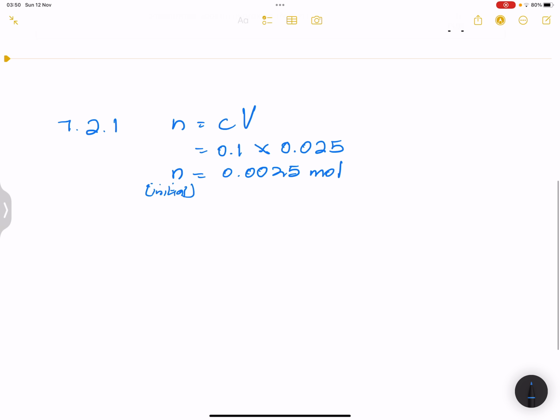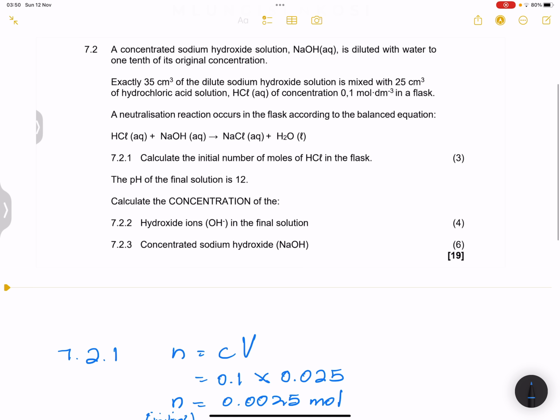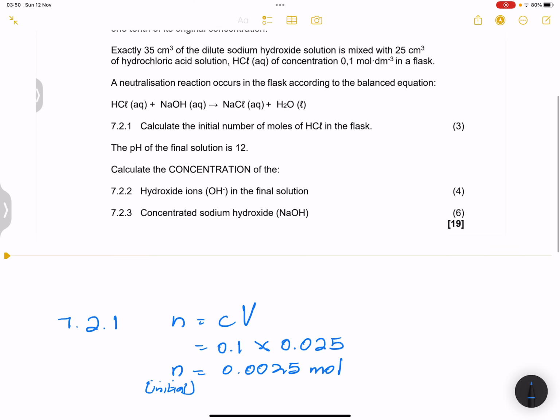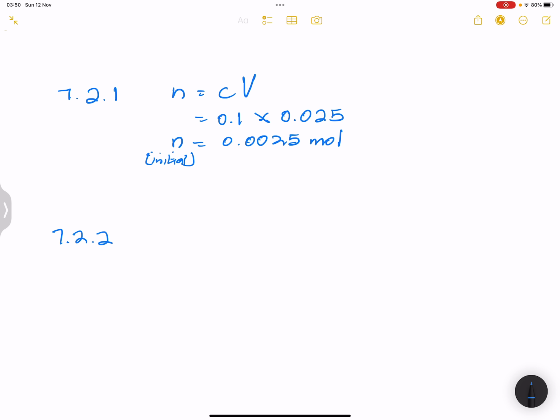Okay, so for 7.2.2, they say calculate the concentration of the hydroxide ions in the final solution. Now there are two ways of doing this. We know that pH is minus the log of the hydronium ion concentration, right?